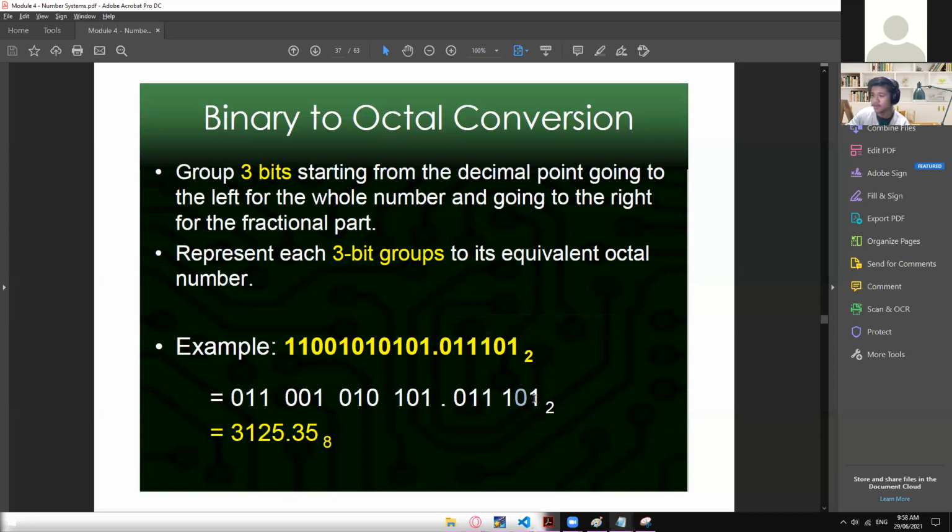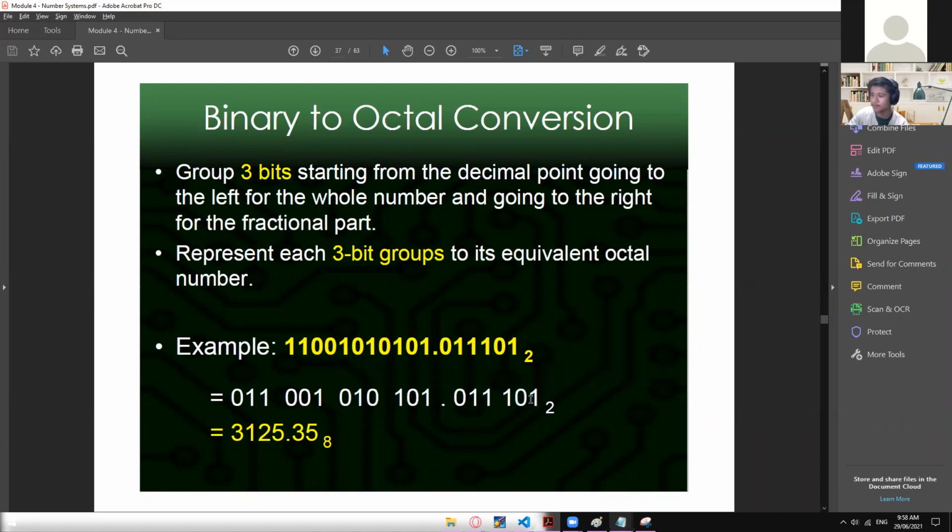So 101, 011, 101, 010, 001, and then 11 or 011. After that, you can now get the specific result of each 3 bits.